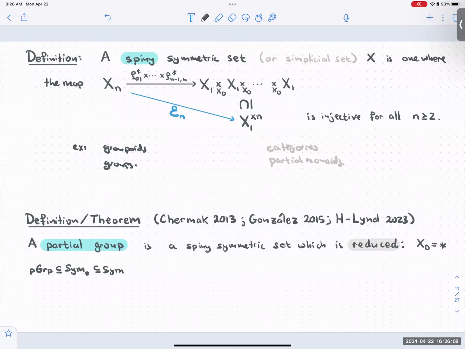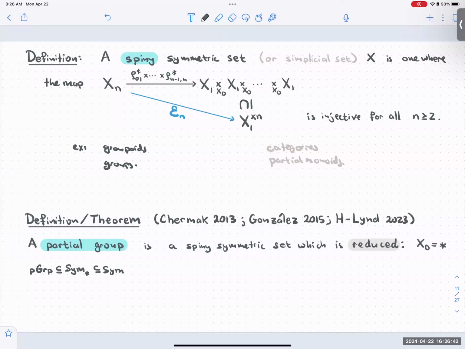Okay, and now we can actually give a definition slash theorem. And that's that a partial group is a spiny symmetric set which is reduced, meaning that you only have one vertex, so a set of one vertex in X0. Okay, so this is the 1-point set. And I'll say more about why this is definition slash theorem later.